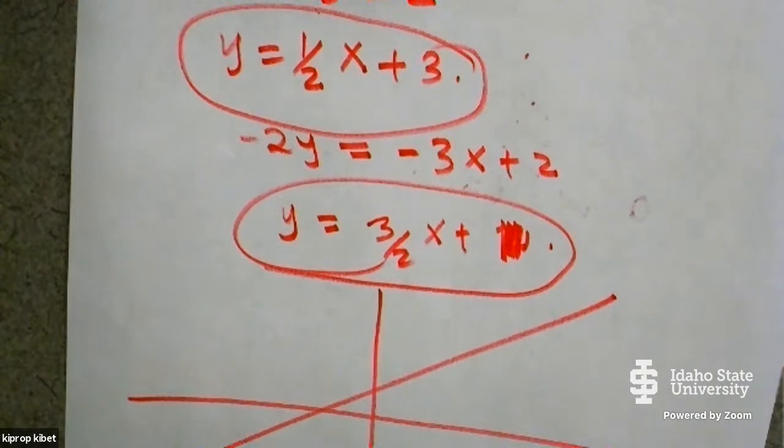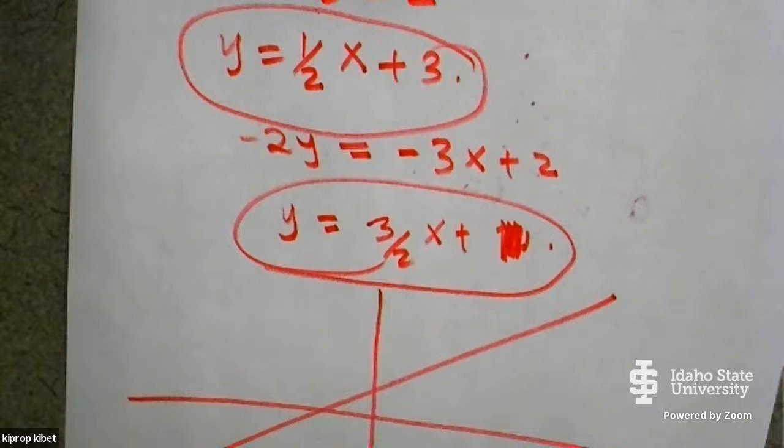But is this one similar to this? No, so we rule out infinitely many solutions. Now, if the lines are parallel, there is no solution because they do not meet anywhere.